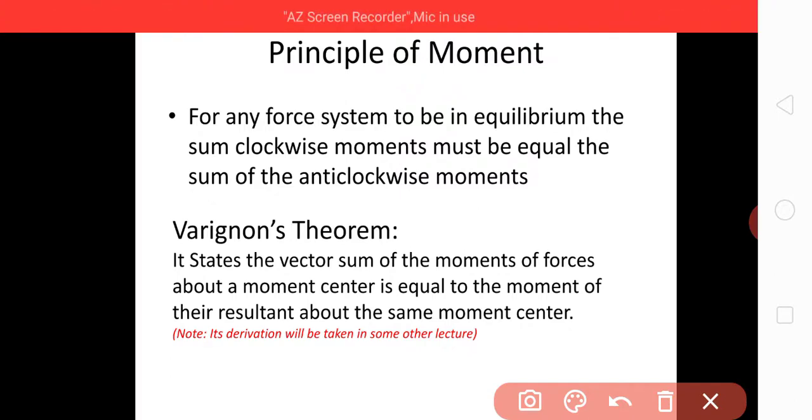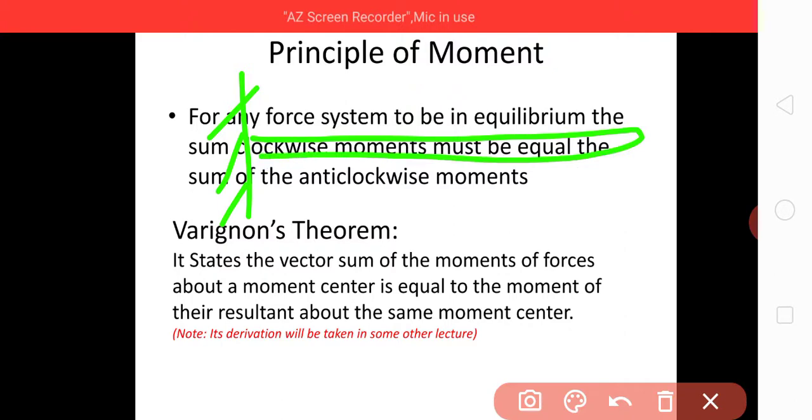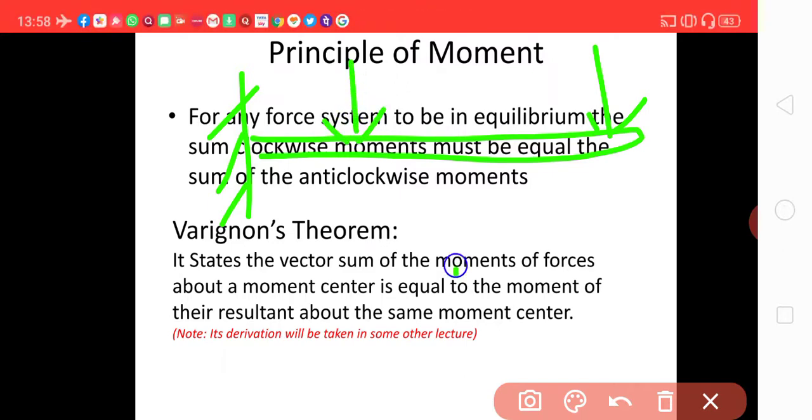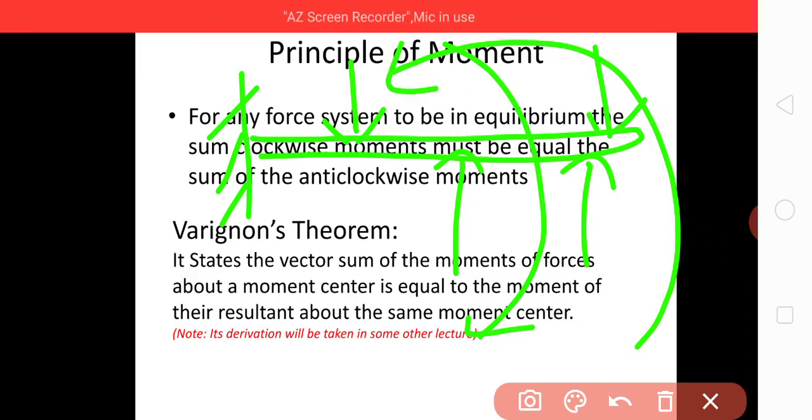For example, let us take this. This is a cantilever beam, and it is acted upon by this force and this force, and one force like this and this. Two forces are giving a clockwise moment and the other two forces are giving a counterclockwise moment.